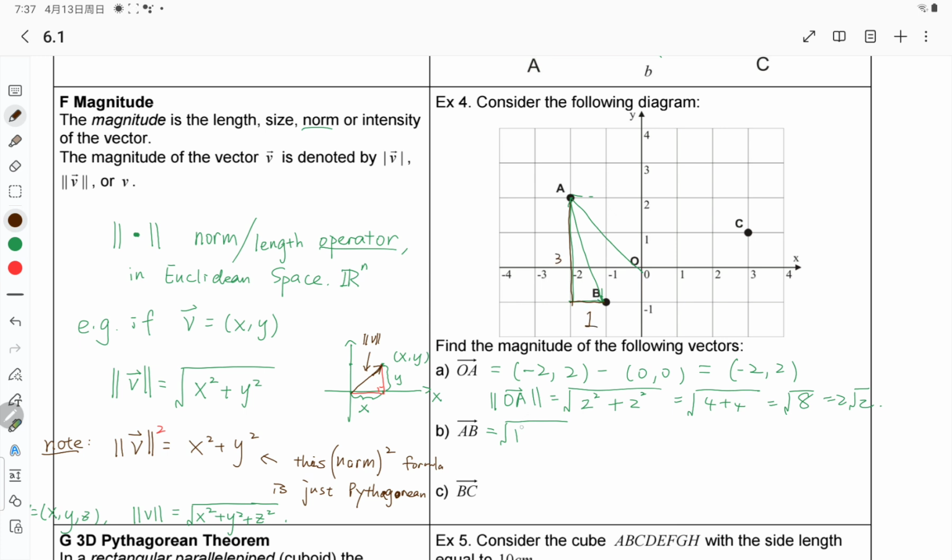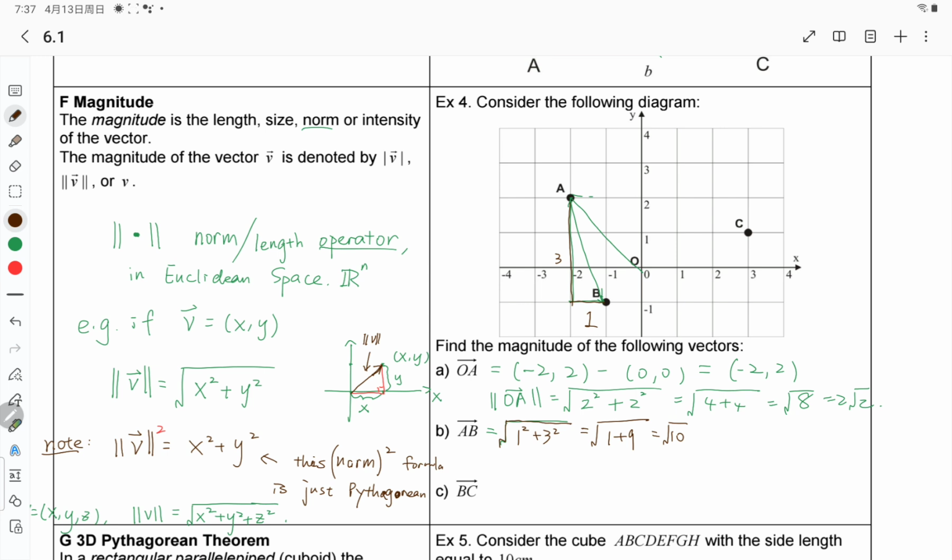Since 3 squared is 9, 1 plus 9 gives the square root of 10.